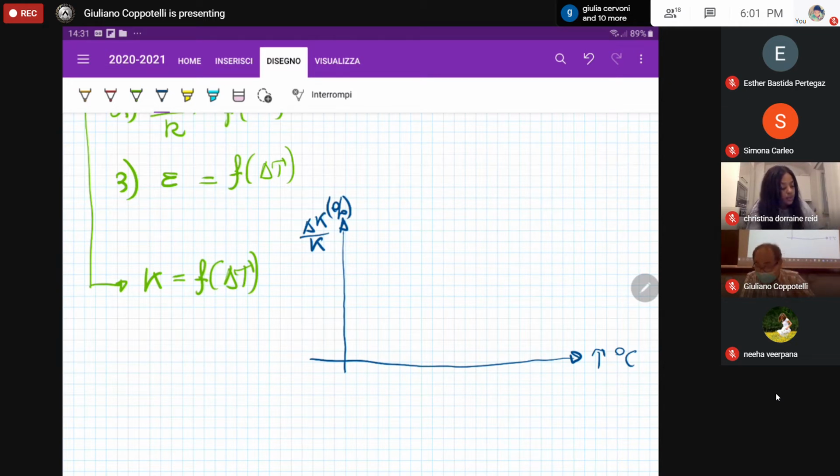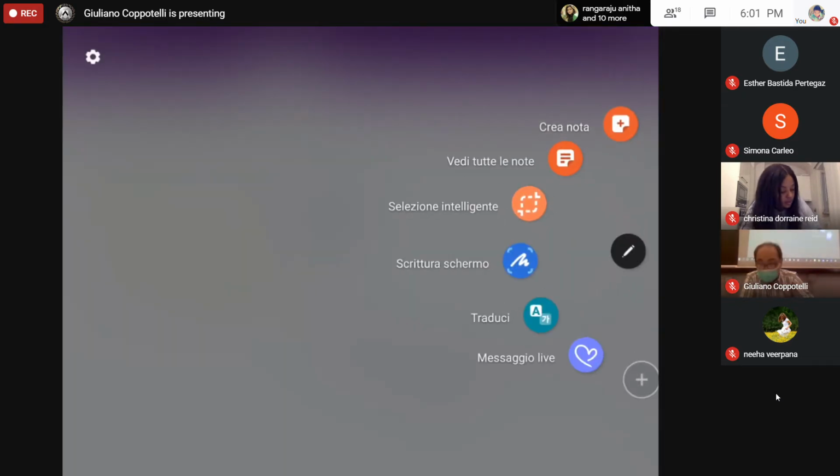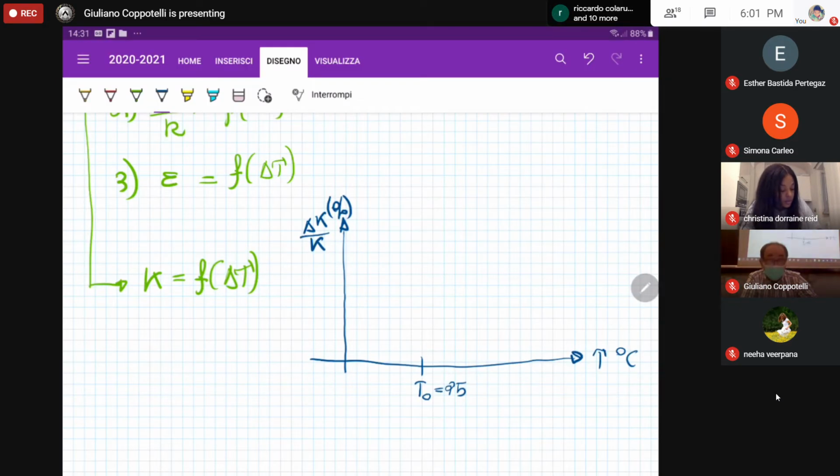Let's assume to have, for example, a reference temperature, let me call that T0, for example, equal to 25 degrees. Of course, 25 degrees is given to me by the manufacturer, so actually it could be whatever.